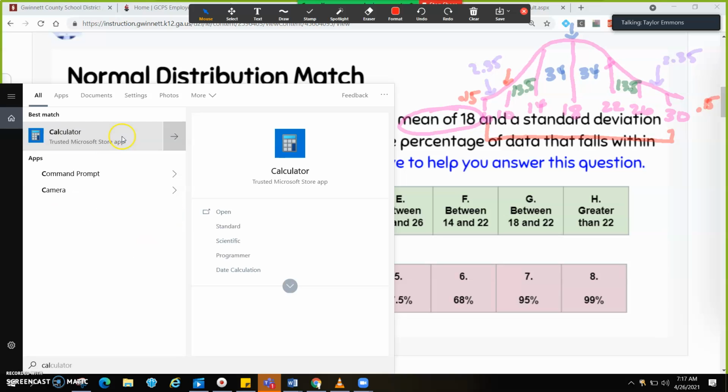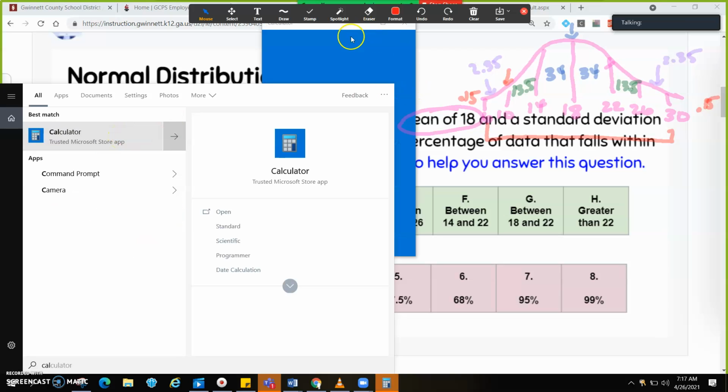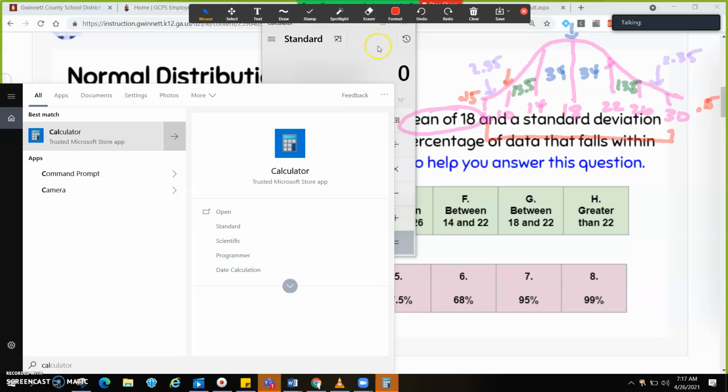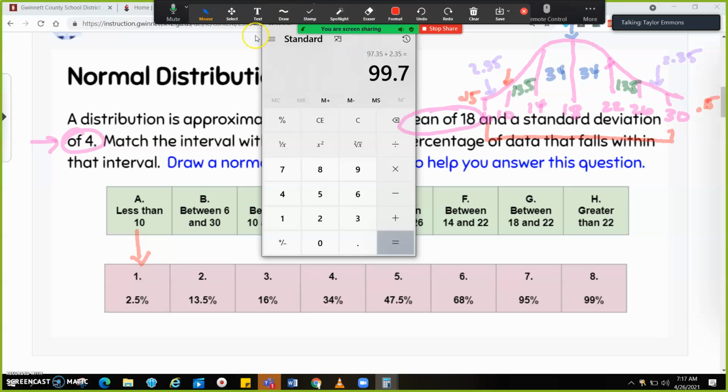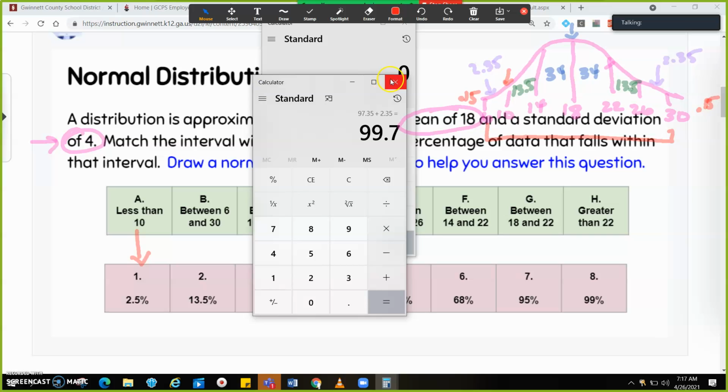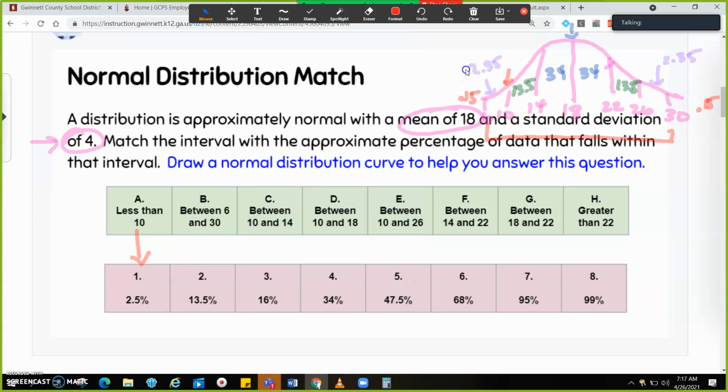I'm just going to show it to you. So we got 2.35 plus 13.5 plus 34 plus 34 plus 13.5 plus 2.35 equals 99. So that's going to be 99%.